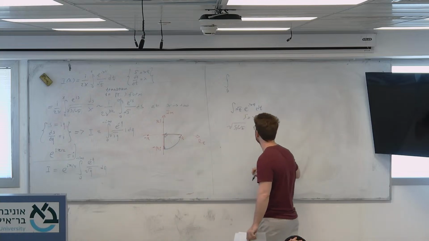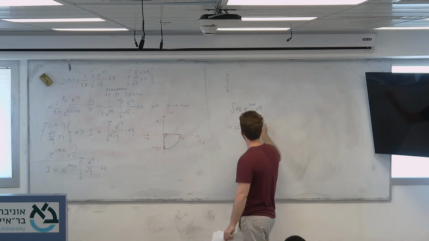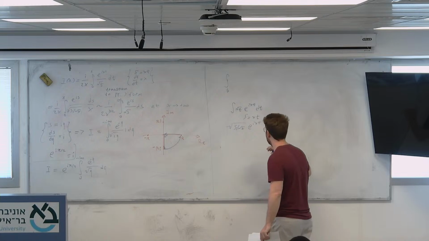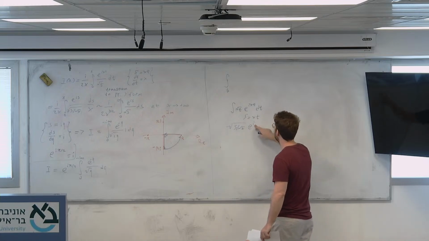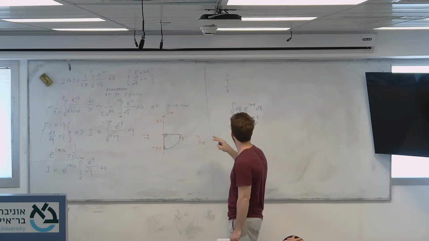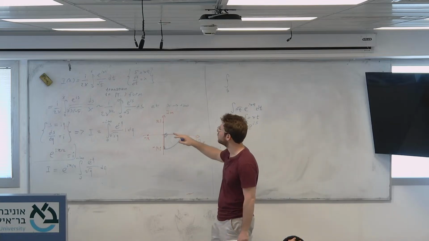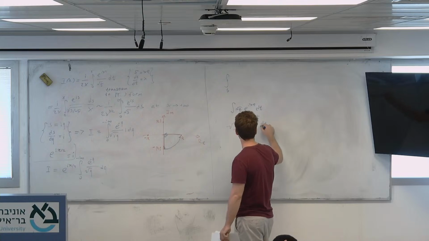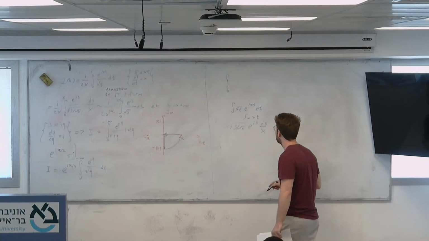You have e to the i x t. I think it will explode. That's a problem. We'll have something that does not go like 1 over x. And dt is ds over x.